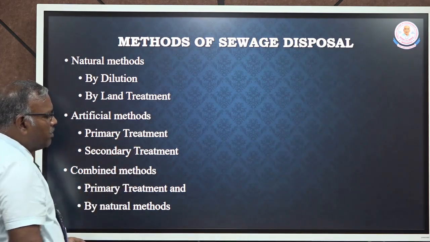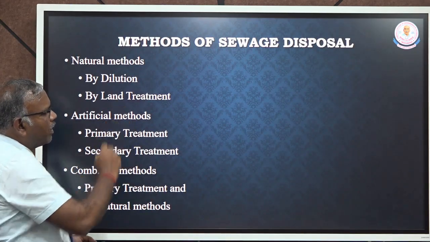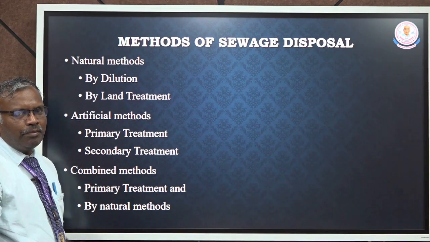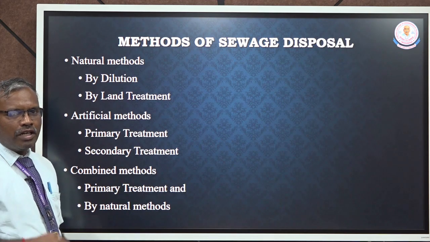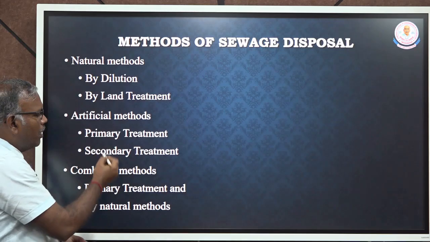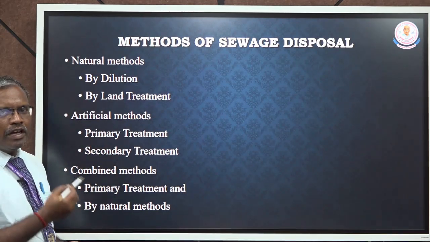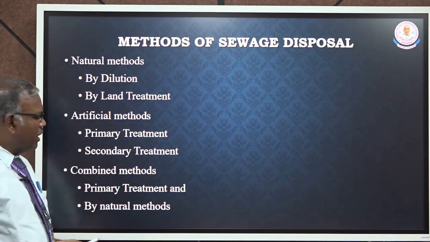Next, the artificial method. If the sewage contains a large amount of contaminants, it needs to be treated by an artificial method, either primary treatment or secondary treatment, by which we can remove the various contaminants.